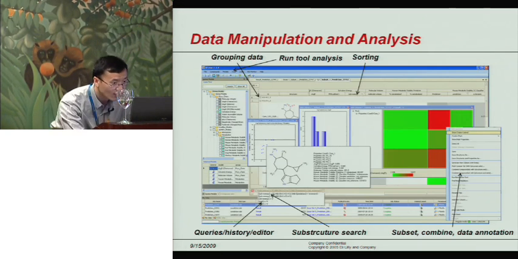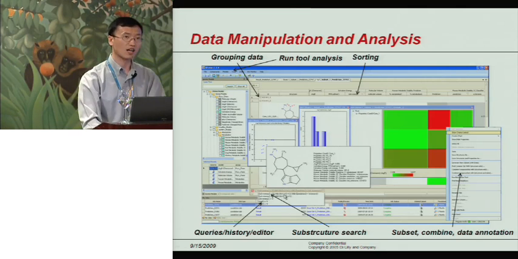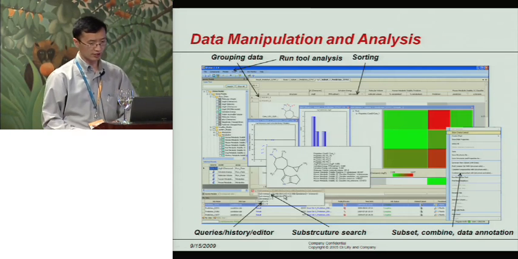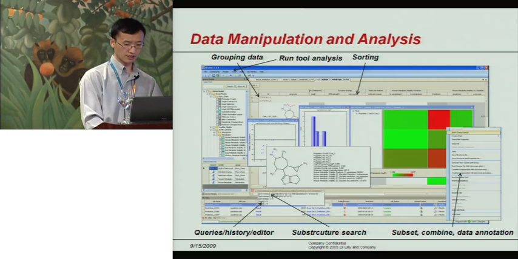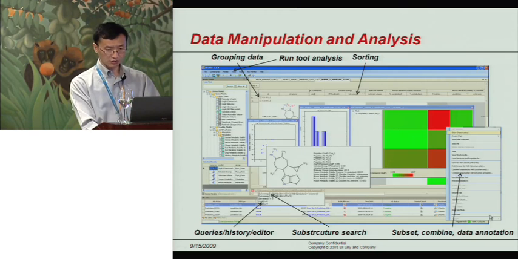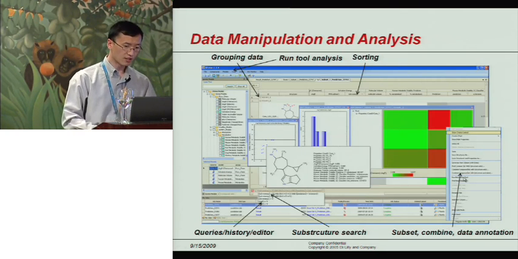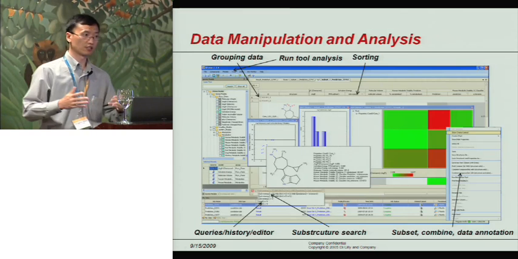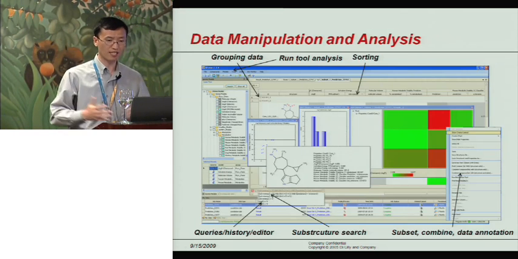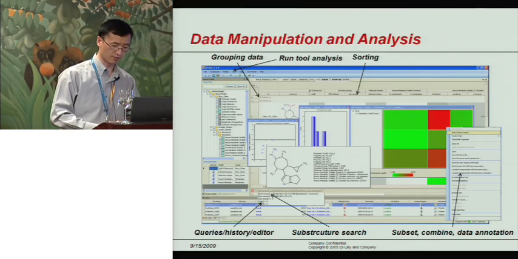Here we basically convert your query compound to SMARTS, and you can switch between different options, create subsets, or combine the data all together. In the end, you can generate the preferred subset of your compounds from these libraries.